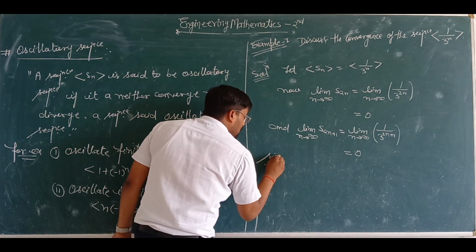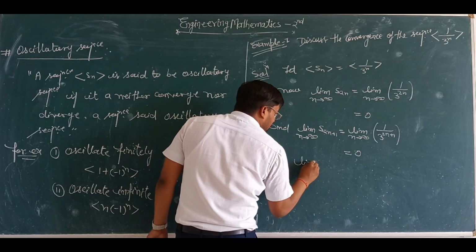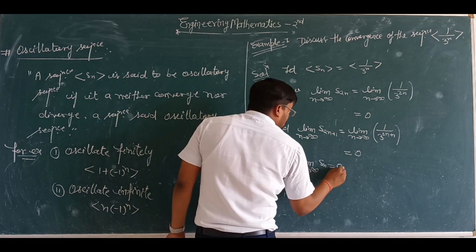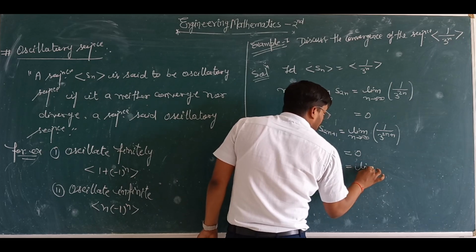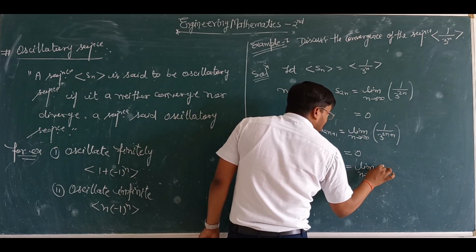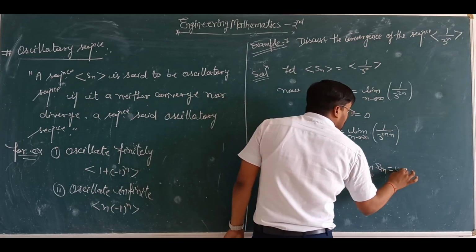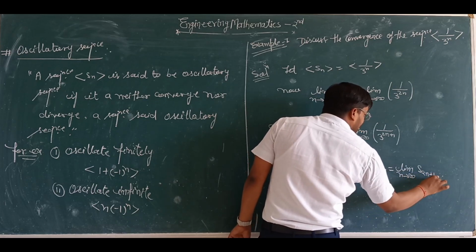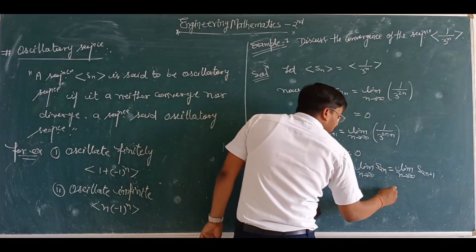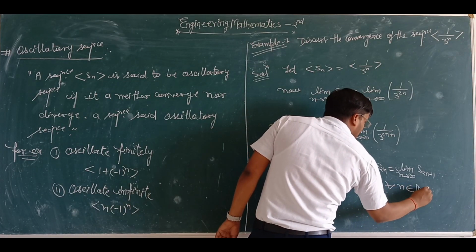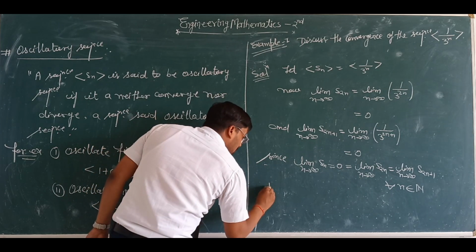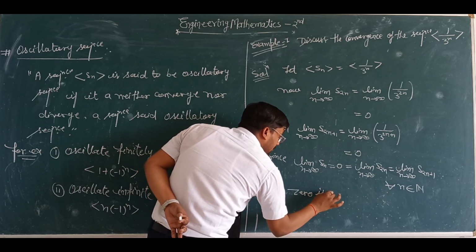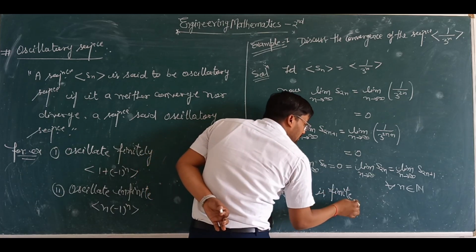Since limit n tends to infinity Sn is equal to 0, or you can say the limit of S2n is equal to the limit of S2n plus 1, for all values of n belonging to capital N. Hence 0 is a finite quantity, a finite value.